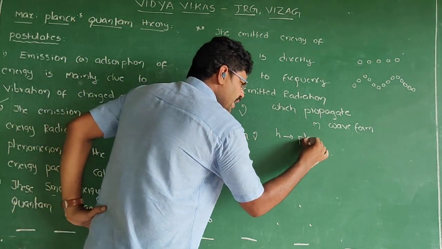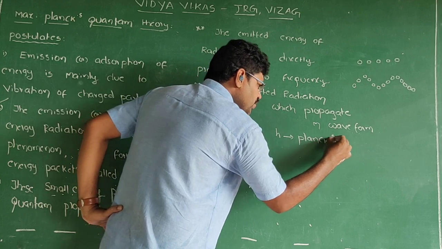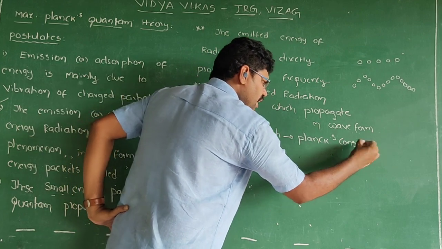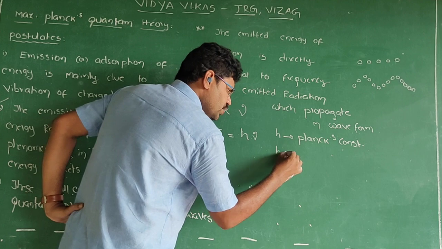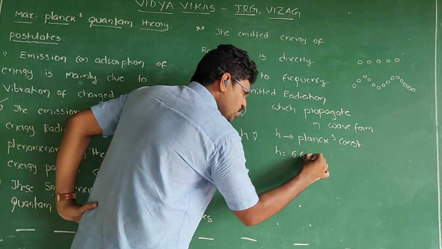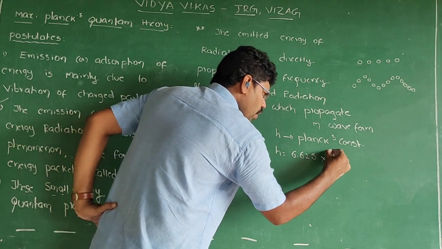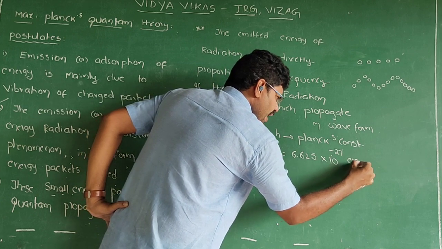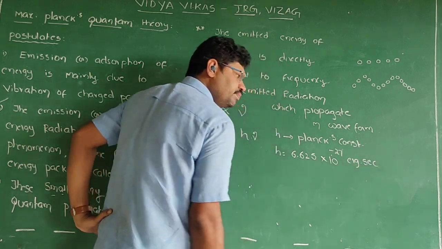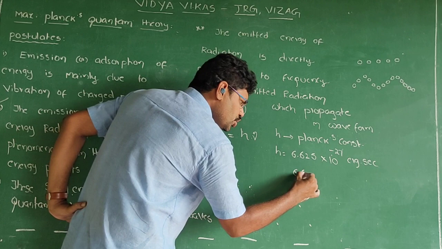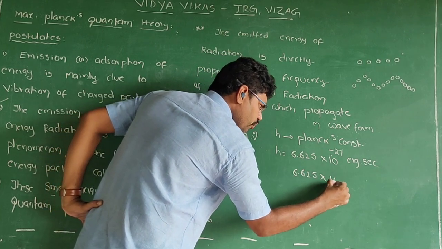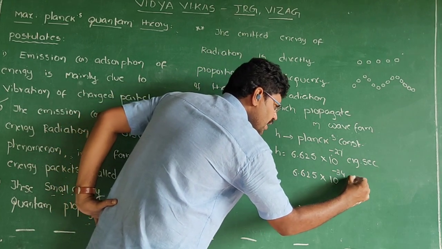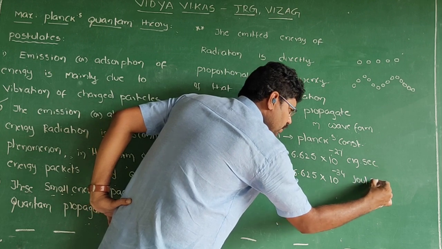Dear students, here H is simply called Planck's constant, and we know its value, dear students, 6.625 into 10 power minus 27 erg into second, or if you want to write in joules, 6.625 into 10 power minus 34 joule into second.